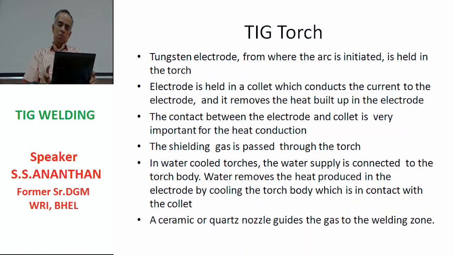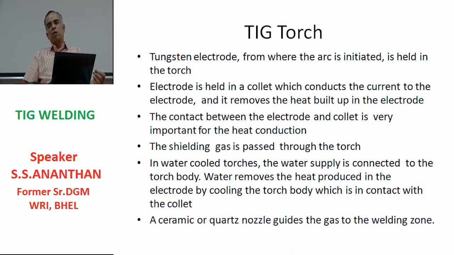Now, several important points which one has to note about the torches are mentioned here. The tungsten electrode is held in the torch through a collet body. The most important aspect one has to bother about is the contact between the collet and the torch body.